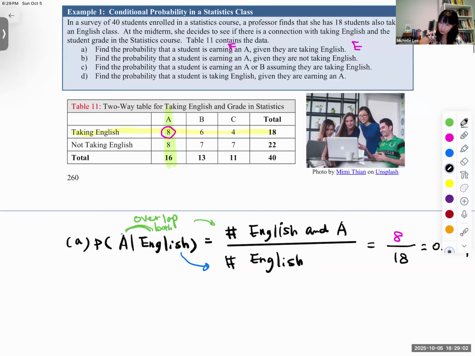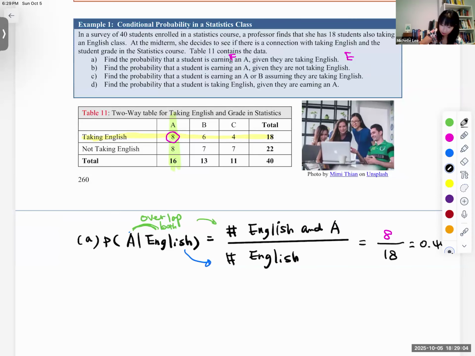Let us do the second part. Let me make it smaller so that we can see question B. Again, the probability of earning A given that not taking English. I have to write down not taking English.